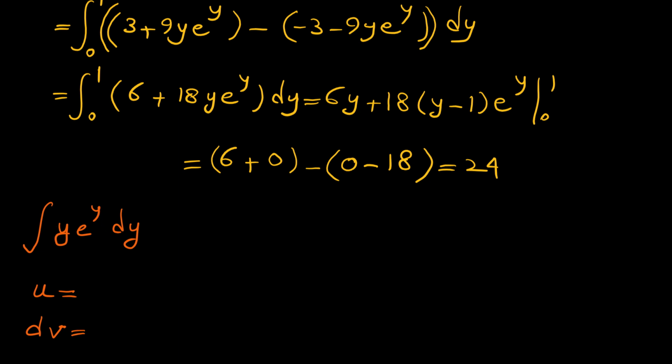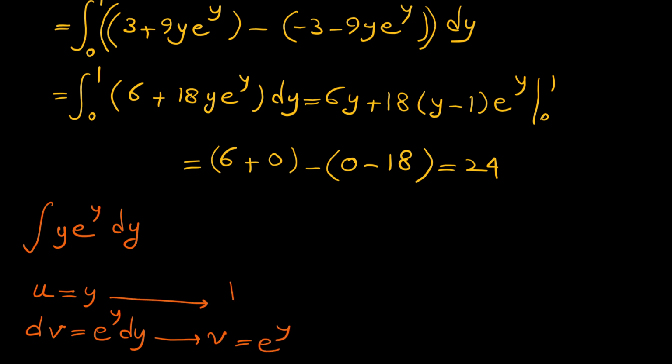And usually we suppose u, the part that its derivative is easier. Here we suppose y as u, and we suppose e to the y dy as dv. From dv we have to integrate, then the v with integrating from both sides is e to the y.